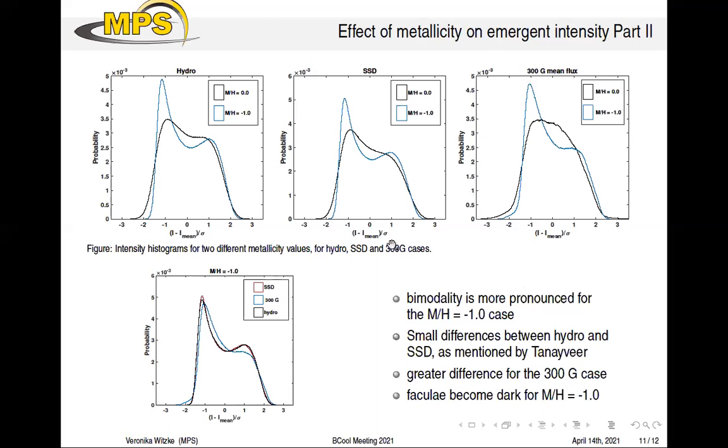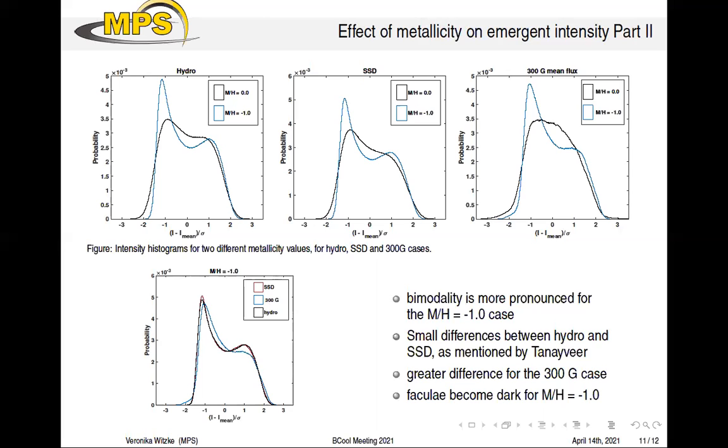Here is one more plot that shows the differences for the low metallicity stars going from hydro over SSD to 300 Gauss, and how our granulates become darker here for a much higher magnetic flux.